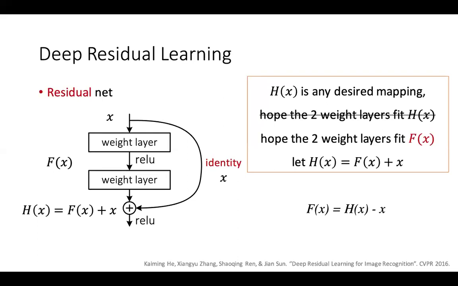And then when you put this skip connection, you have the map of identity here. And instead of trying to learn this H mapping, we are going to fit this F mapping. So basically, in the end, what comes out of this residual block is the F mapping plus the identity, plus X, right? And what we are learning here is F, that is H minus X, right?